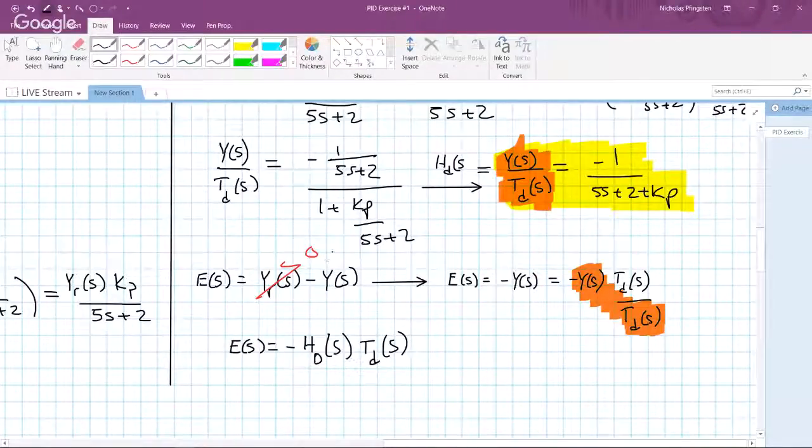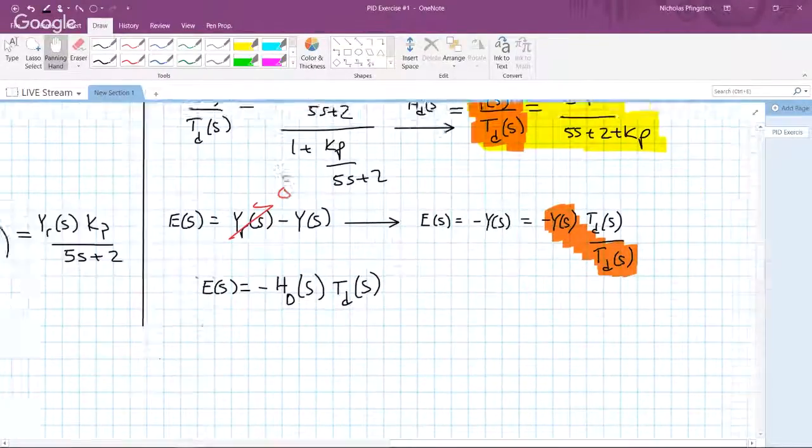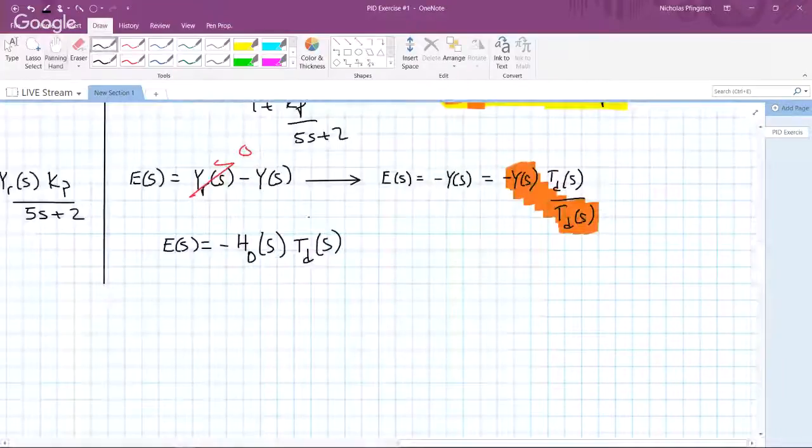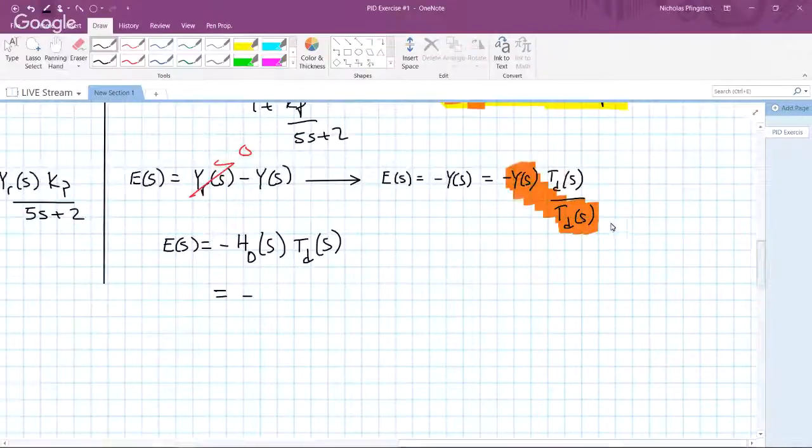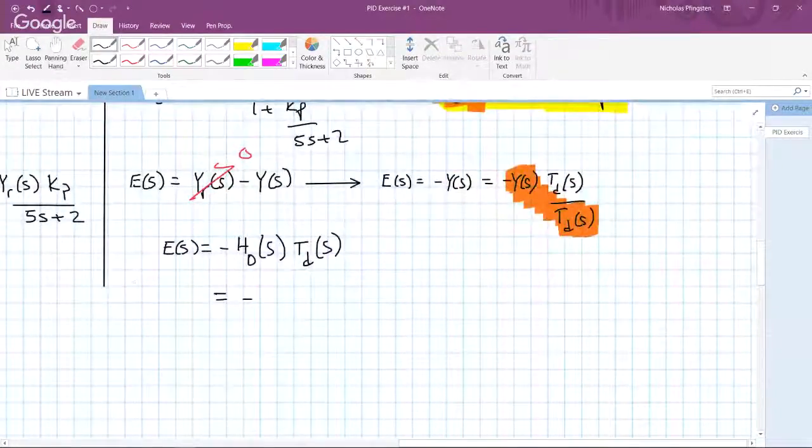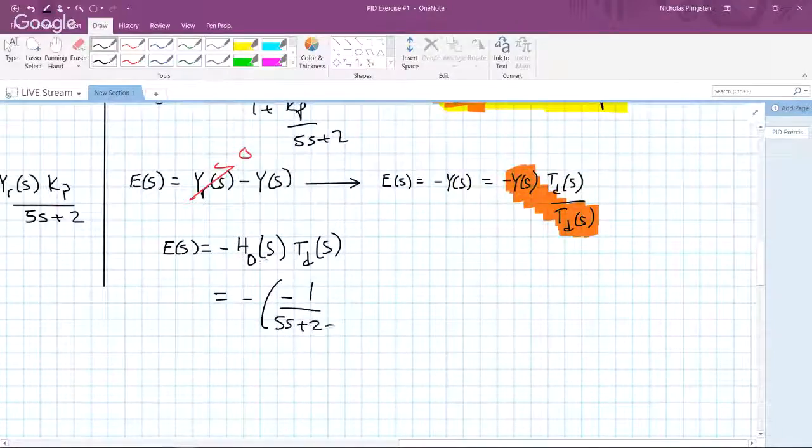And mind you, we consider that capital T sub d of s is a step input, which is 1 over s. And so let's plug in what we know. Negative minus 1 over 5s plus 2 plus kp times 1 over s. You notice these negatives cancel out.